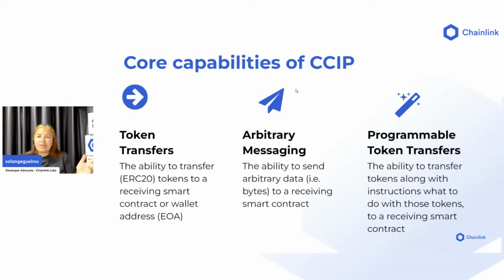The message can be something like hello world, but it can also be some function that you are calling in the destination smart contract. And imagine, if I can do both together, I can have a programmable token transfer. So I can transfer tokens with instructions about what must happen with those tokens in a receiver smart contract.